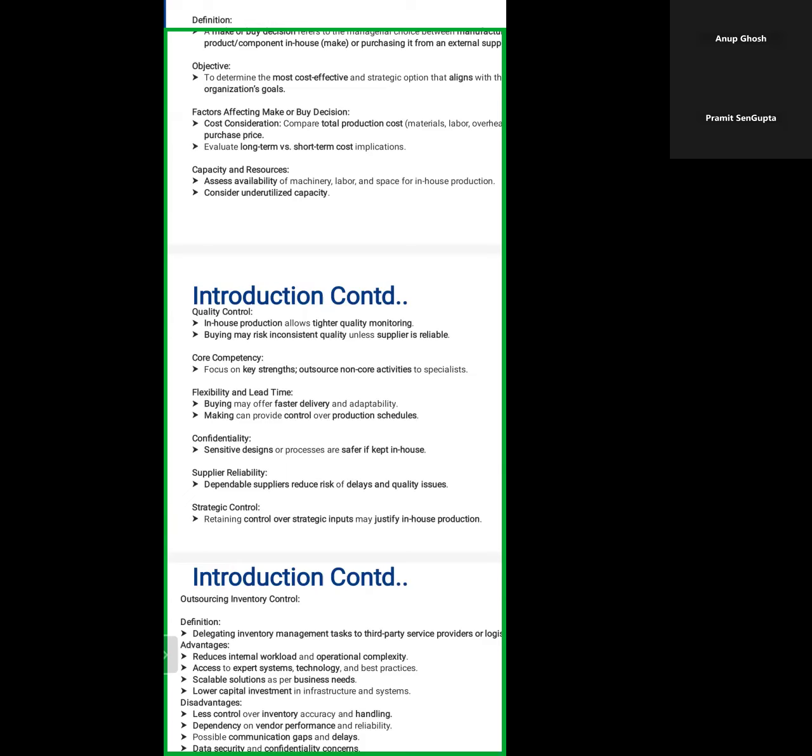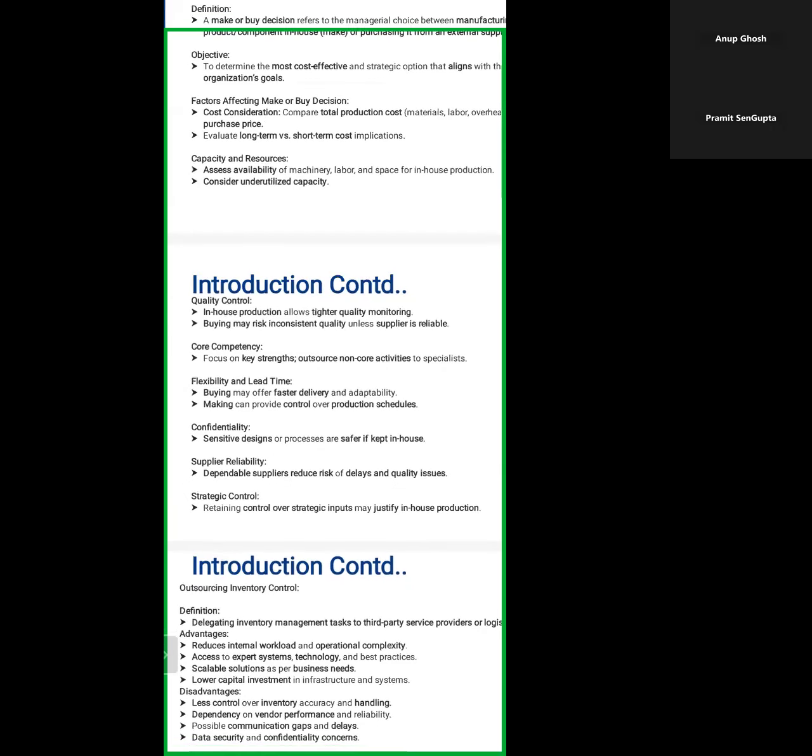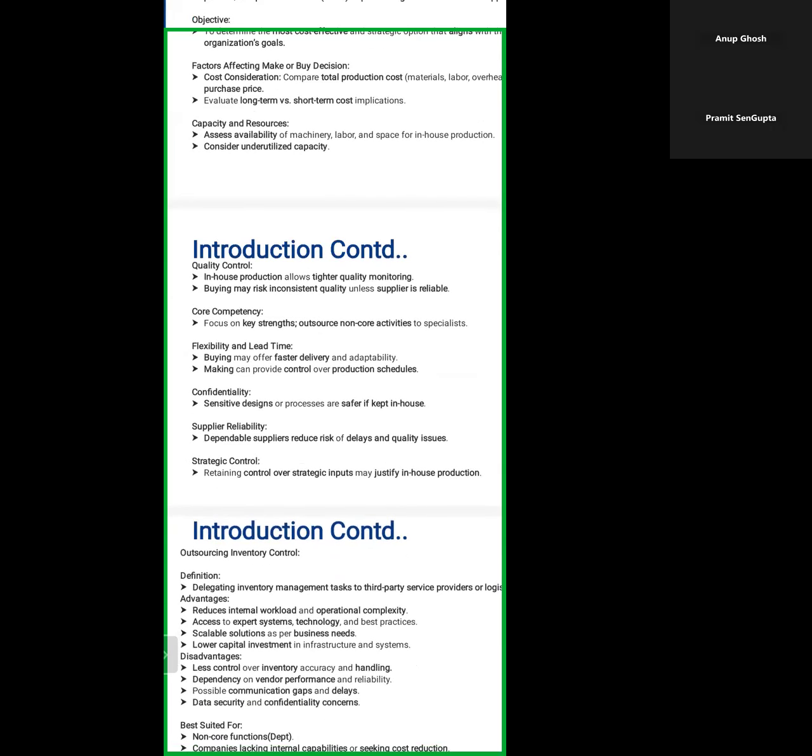Flexibility and lead time. It talks about faster deliverables. Buying may offer faster delivery, and making may provide control over production schedules. Supplier reliability, which we already talked about in the quality control point, basically depends on reduction of risk.